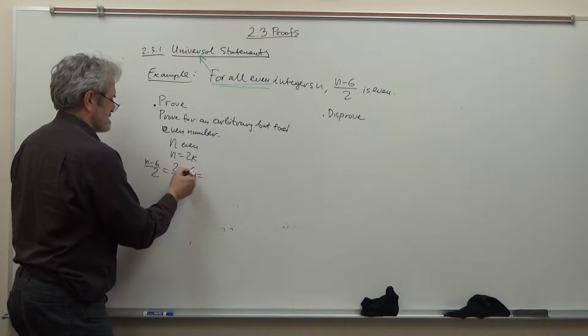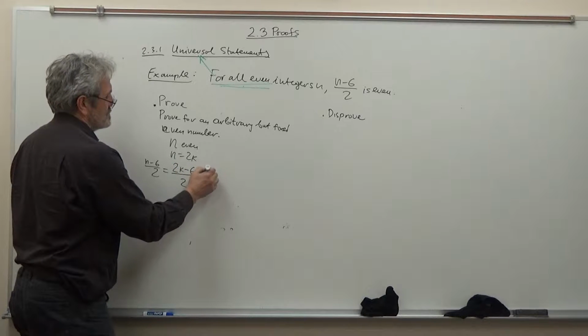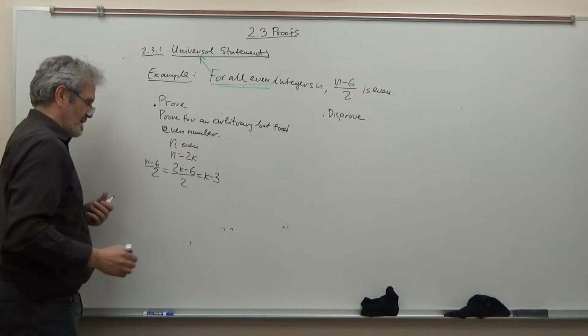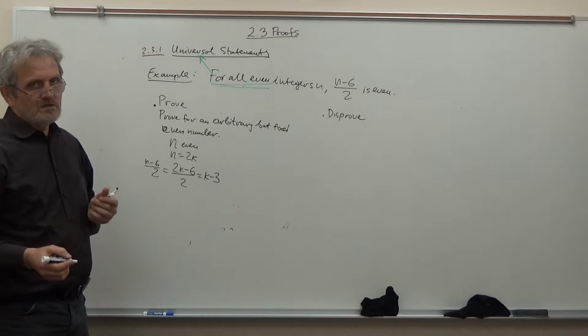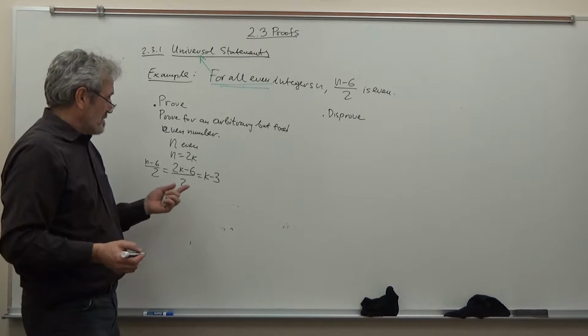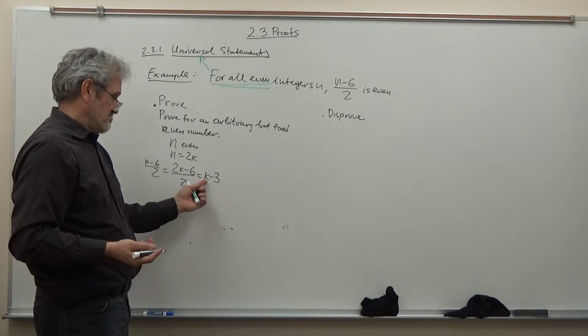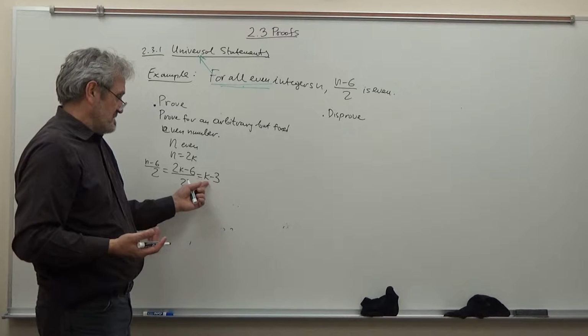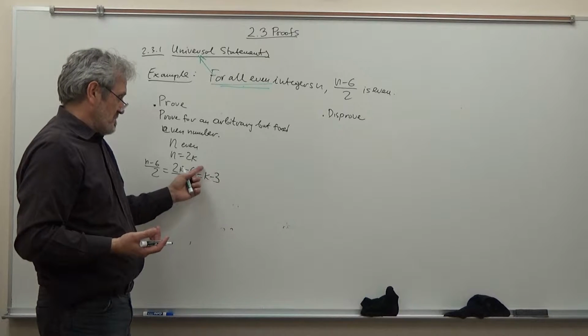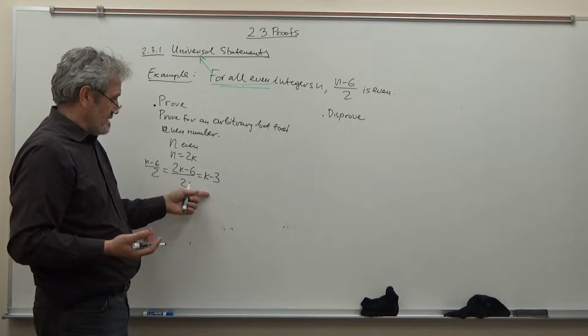With a little algebra, factor out 2 and cancel, you get k minus 3. Now I'm a little bit worried. Why? Because there's nothing forcing this number to be even.